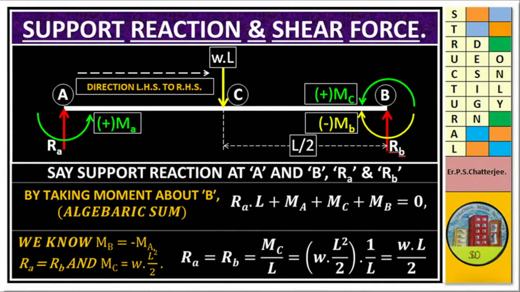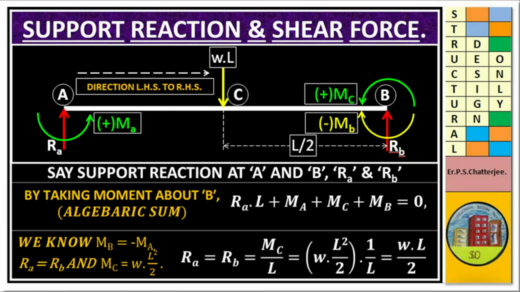Support reaction and shear force. Say support reactions at A and B are RA and RB. By taking the moment about B, RA into L plus MA plus MC plus MB is equal to 0.